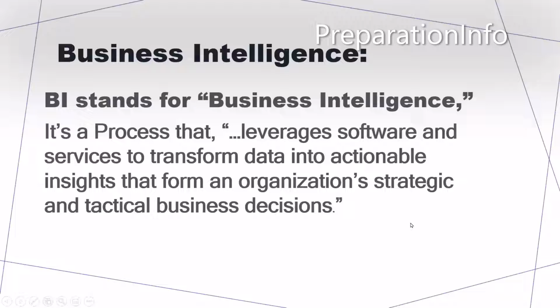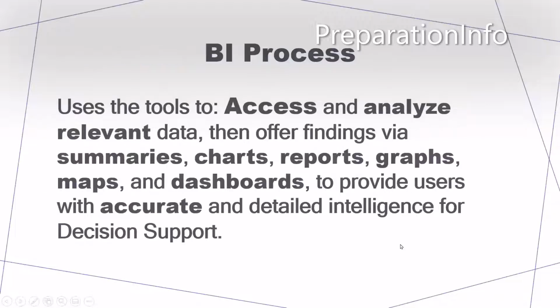So this is your business intelligence and the BI process. This is the process through which you get your actionable reports. It uses tools to access and analyze relevant data. Access means approaching the data where the data is. Let's say today you want to find out the price of oil. Where would you go?